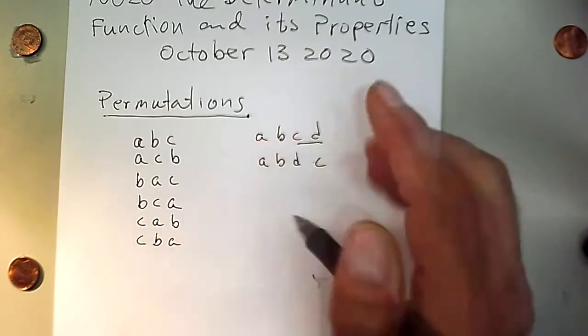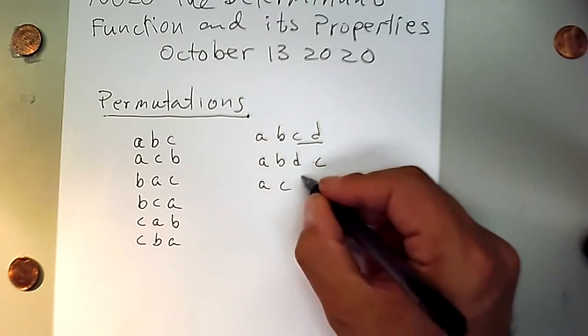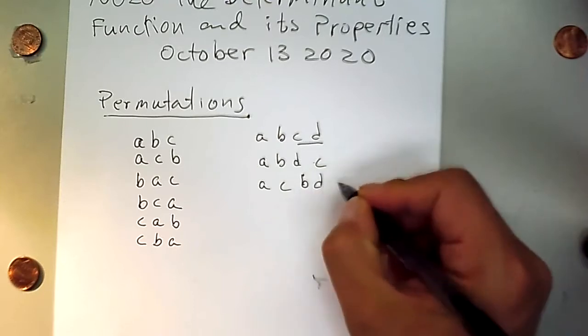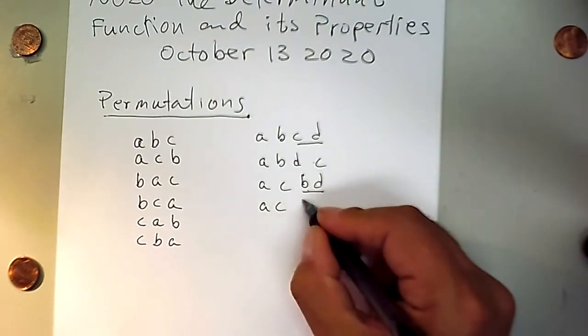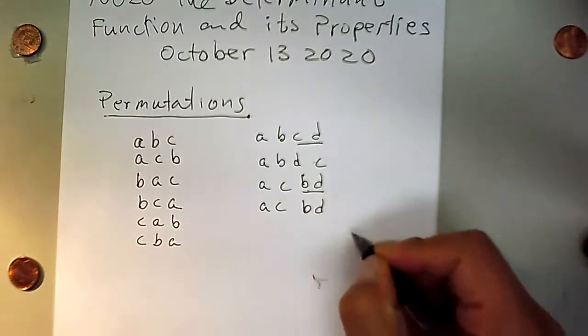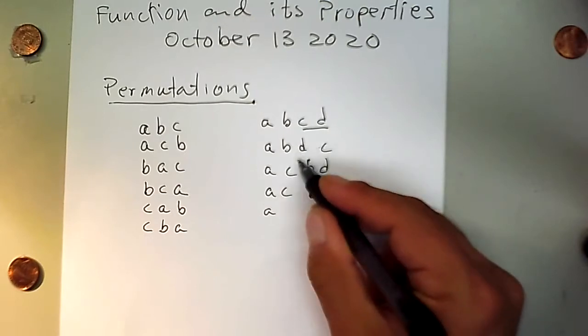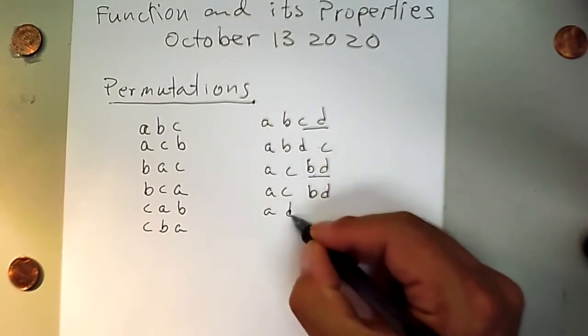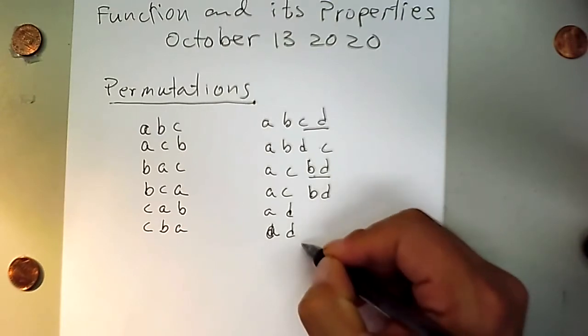Then I keep the A and I go with C, and then there is BD left over, and then I swap those two again, ACBD. And then I move on to AB, AC, AD. So there's going to be two with AD.